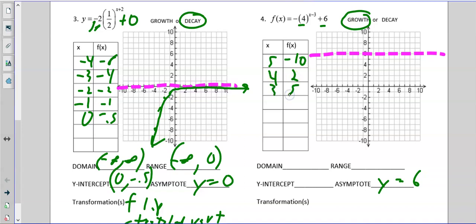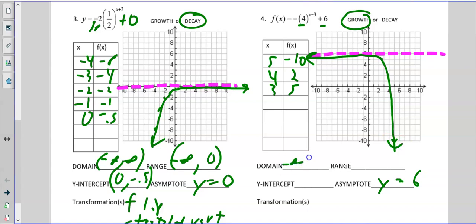That's really it. So (5, -10) down here, (4, 2) up here. And (3, 5). Okay. And then we're just going to come up and then ride out along this line.